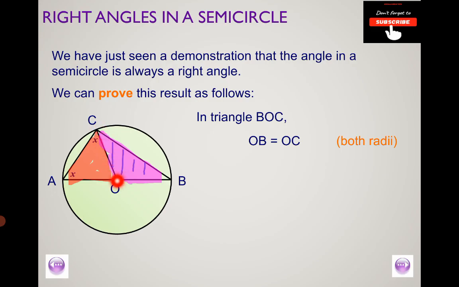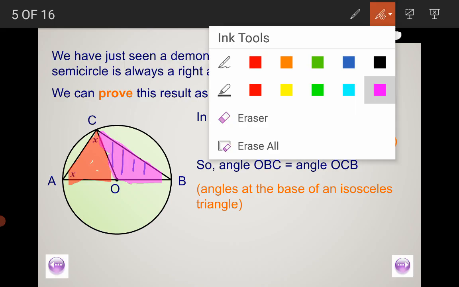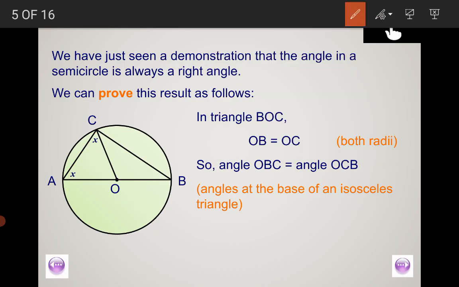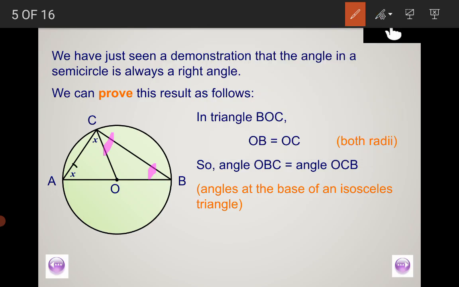This is another radius also drawn from the center to the circumference. So in this triangle, angle OBC is equal to angle OCB. Remember earlier on we said that this angle here is equal to that, and each angle is x.